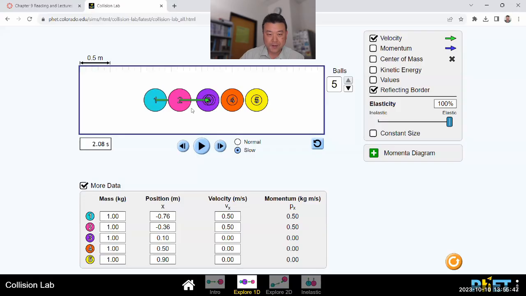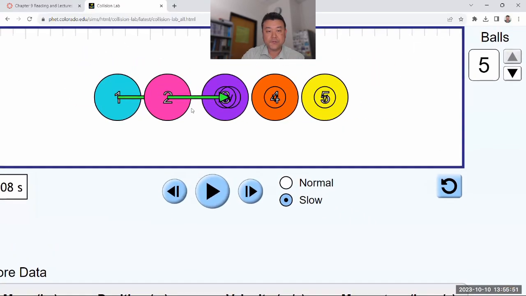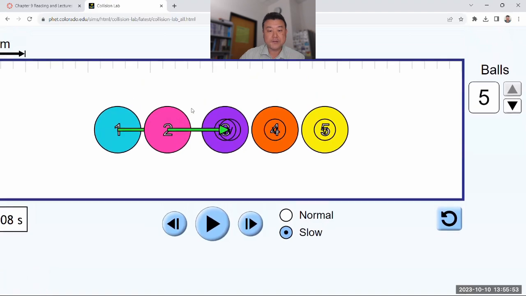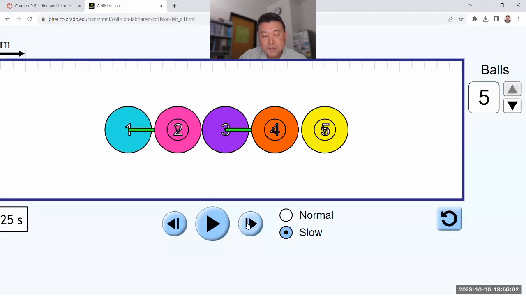Right? It's about to collide. I'm going to zoom in and look at it from a frame-by-frame perspective. So one frame. Okay, it's going to collide real soon. Okay, I think next frame. Okay, it collides. So 2 and 3 collided. 3 is moving. 2 is at rest.